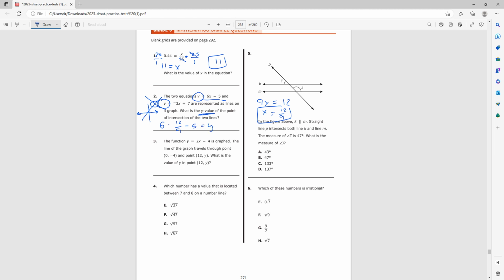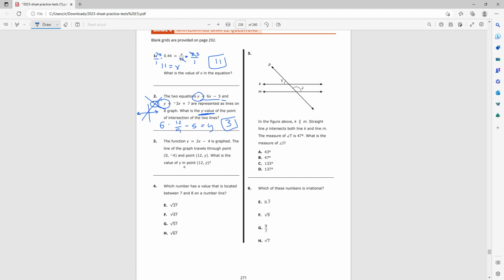If we quickly solve for that, 6 over 1 times 12 over 9 minus 5, that's going to give us 3. So our y value is going to be 3. So for intersection problems again, all you have to do is set the two equations equal to each other, solve for the x value, and then plug it into the y.